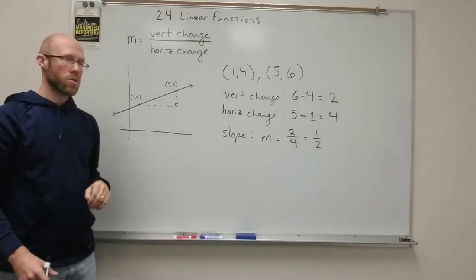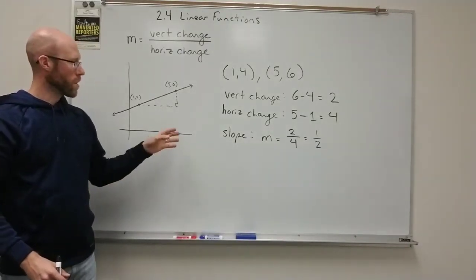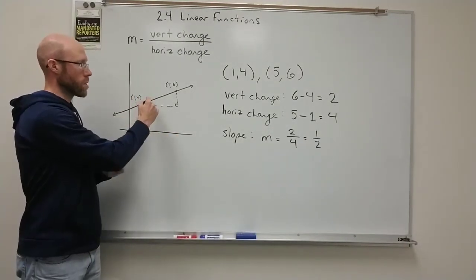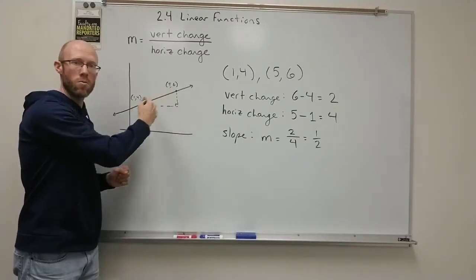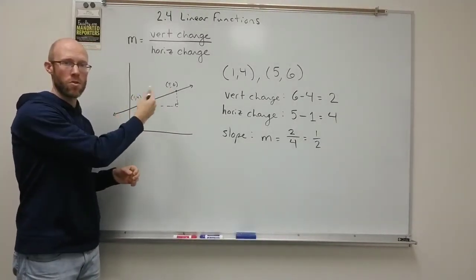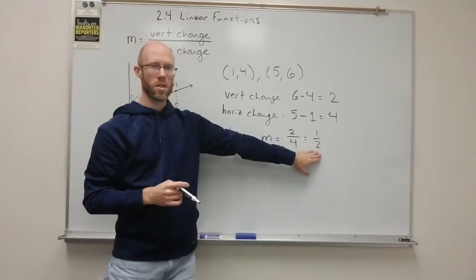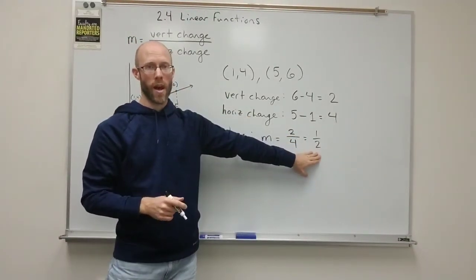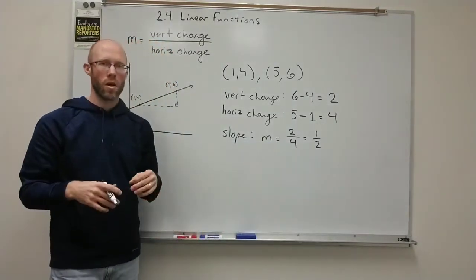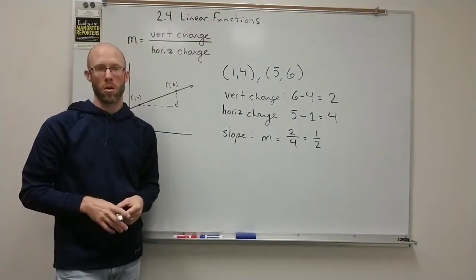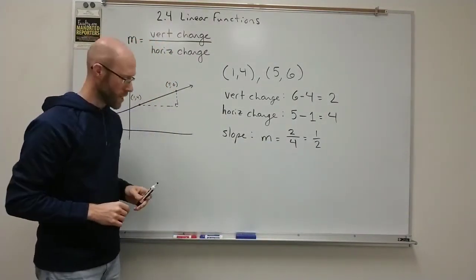All right? And so again, we could calculate the slope between any 2 points on this line. It doesn't have to be those specific 2 points, and it will always reduce down to the same value, in this case 1/2. Now let me show you a general formula that we can build based upon this idea.